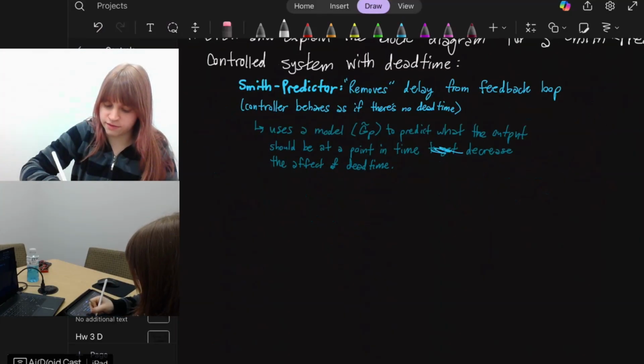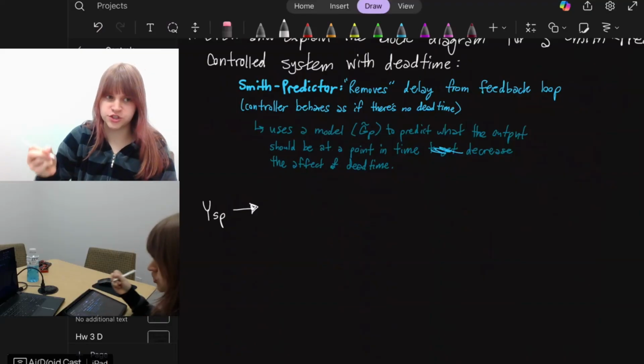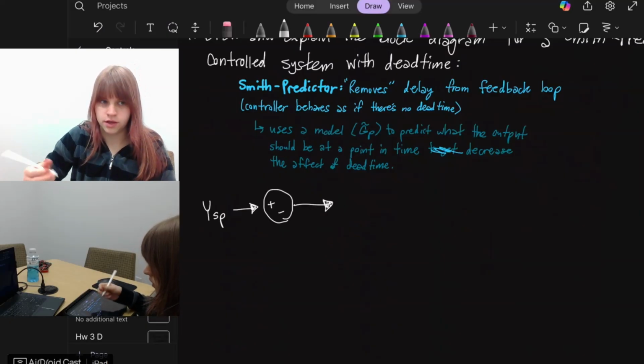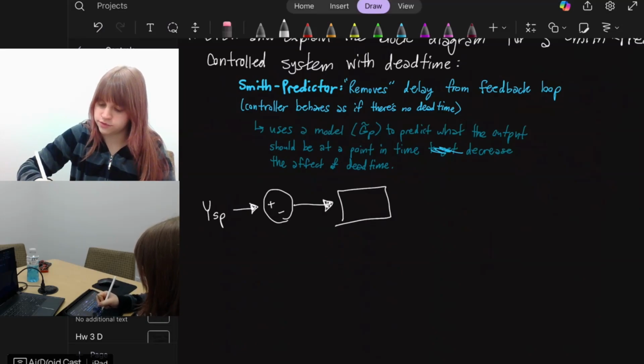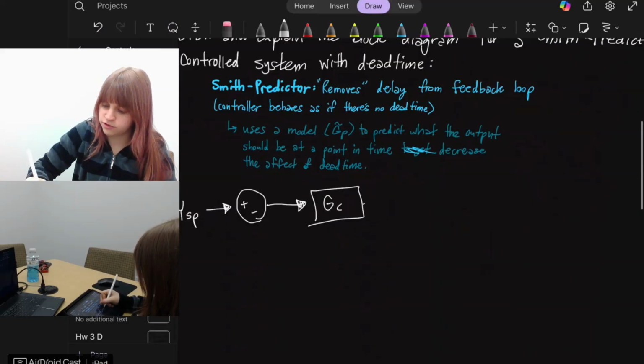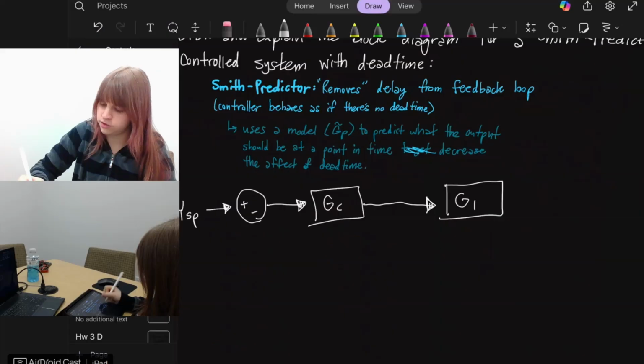So what we would have is some set point going into our system. We would have a comparator here, and this goes into our transfer function GC, which then goes to our process transfer function GP.